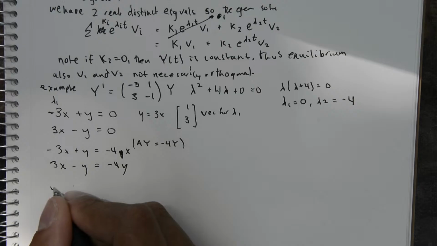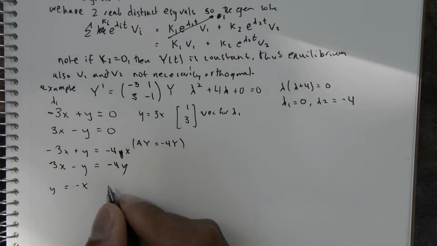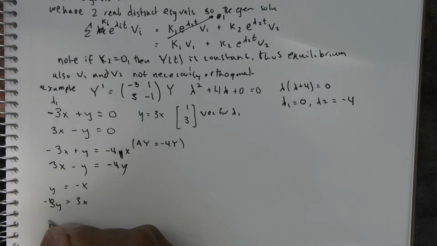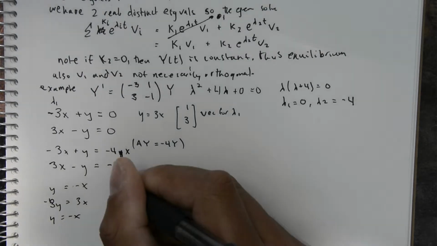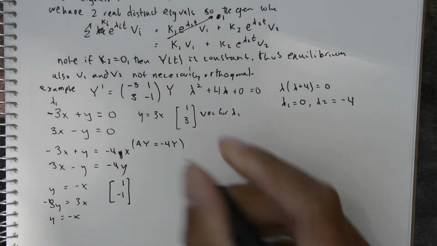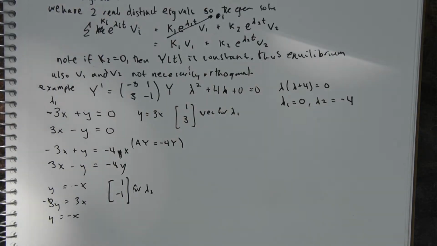Okay, so we're going to get y is equal to minus x, and minus 3y is equal to 3x, so then y equals minus x. All right, it's the same thing. So the other eigenvector is 1, minus 1. This is for lambda 2. Okay, so now we have our two eigenvalues and two eigenvectors.